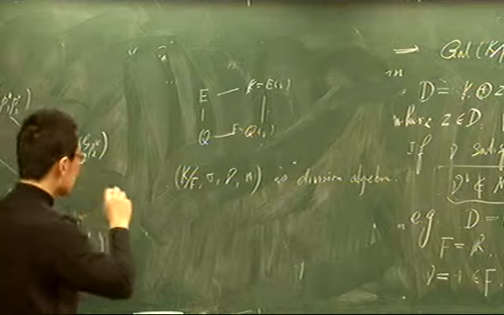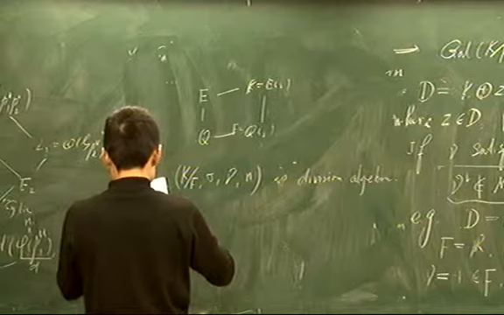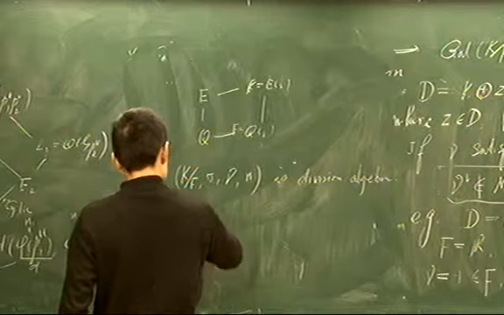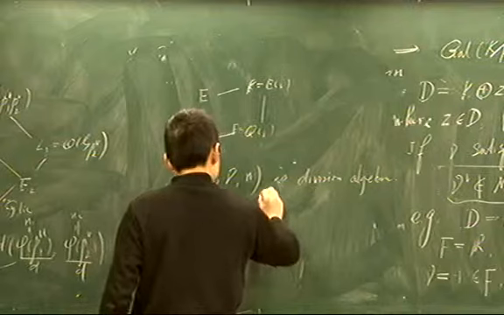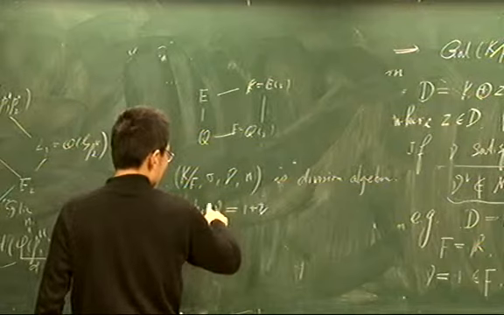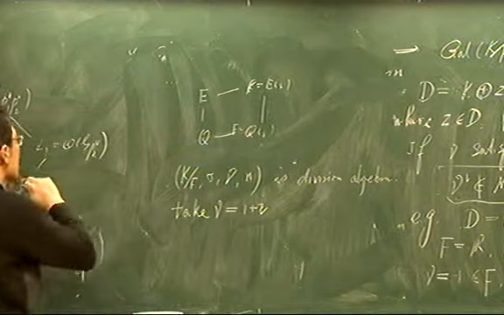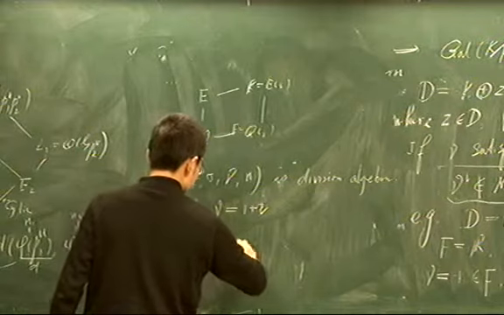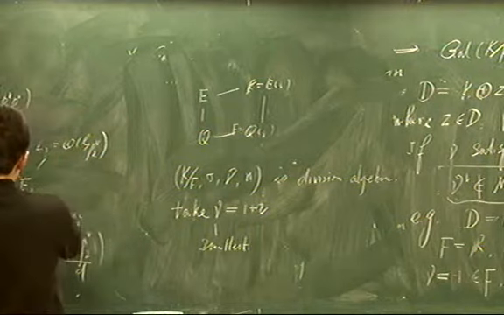We also list P1, P2. We want to take gamma equals 1 minus i, because its absolute value is the smallest in the field.